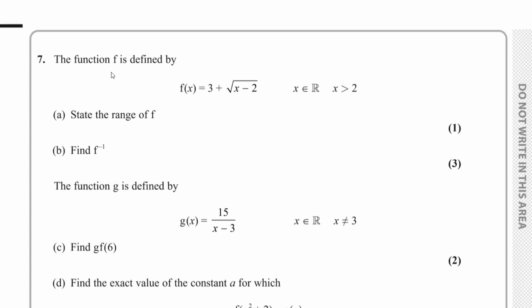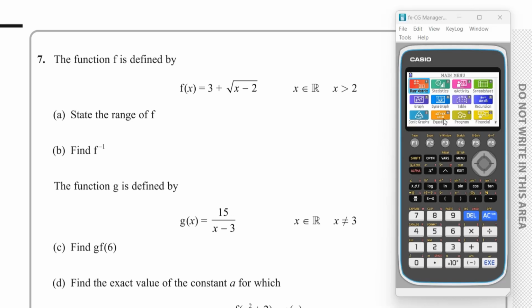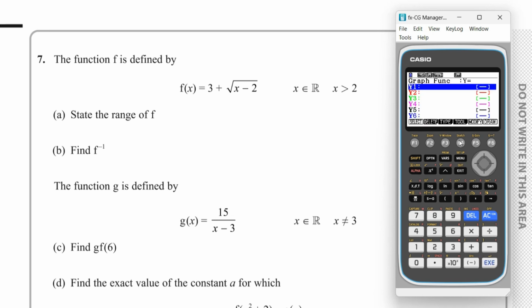Question number 7. The function f is defined by f of x equals 3 plus the square root of x subtract 2, where x is a real number and x is greater than 2. For part A, we have to state the range of f. From our calculator, if we go to the graph sub-menu, let's graph 3 plus the square root of x subtract 2.